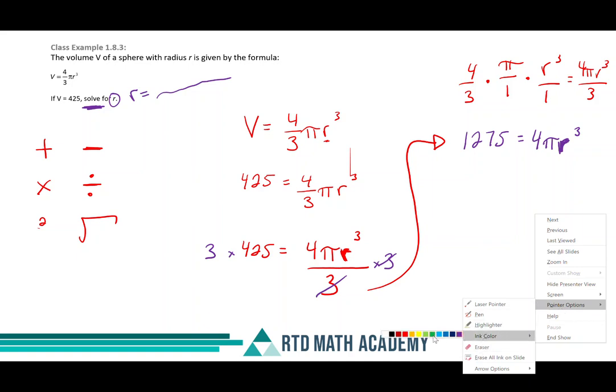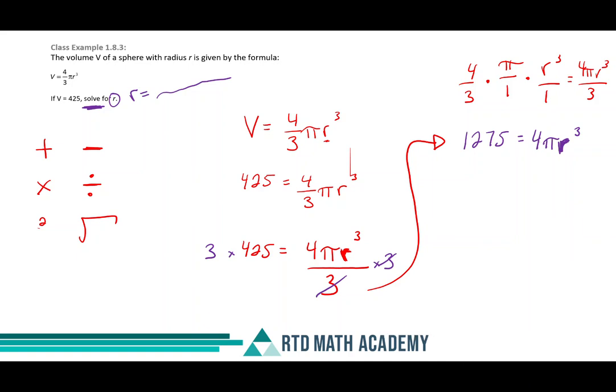So instead of thinking about 4 times, I want to do the opposite. I know the opposite of multiplication is division, so I'm going to divide both sides by 4. Multiply by 4 and divide by 4 are going to cancel each other out. So I'm going to take 1,275 and divide it by 4.